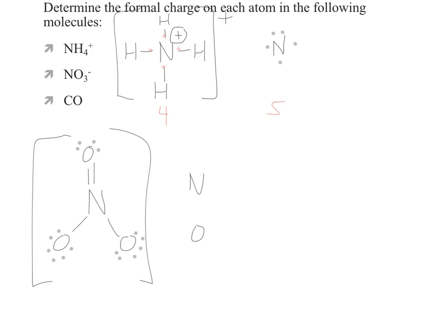We expect nitrogen to have 3 bonds and oxygen to have 2. That's not always the case, so they have a formal charge. Let's look at the nitrogen again, and we see that it has 4 electrons around it, so that means that nitrogen has a positive formal charge.